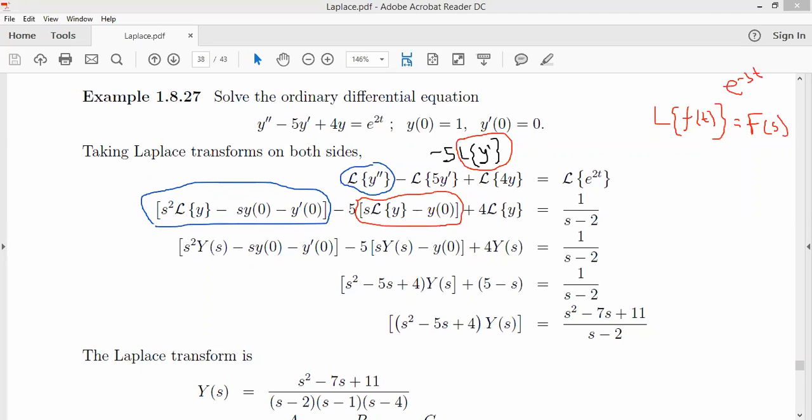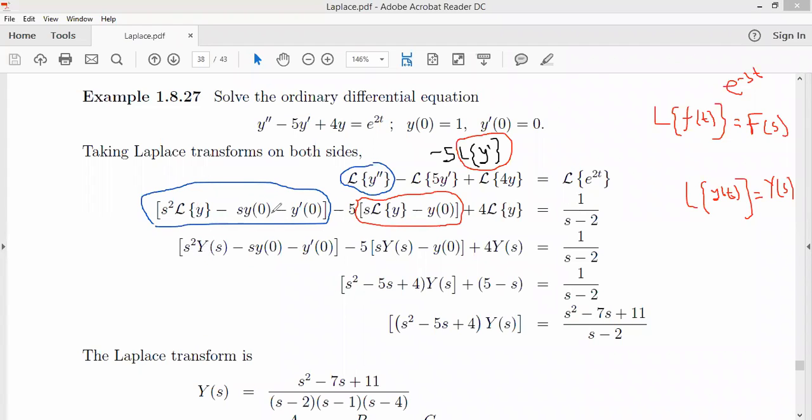Since we have the Laplace of y, instead of L of y(t), this one can simply be written as capital Y(s). Hopefully we are together there. There is again nothing big in that. So instead of L of y, we have now substituted with Y(s).